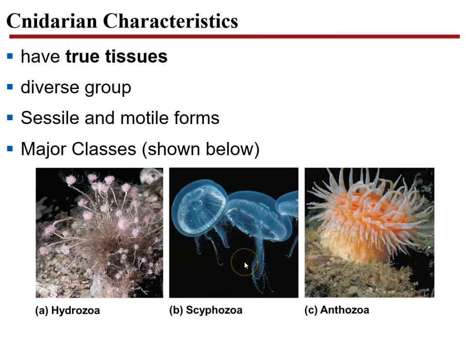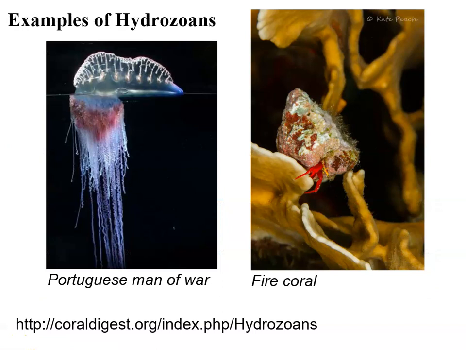So we're going to look at each of these classes in a bit more detail and include some examples, starting with hydrozoans. Probably the hydrozoan that you're most familiar with is the one shown on the left, the Portuguese man-o-war. It's actually not a traditional jellyfish.